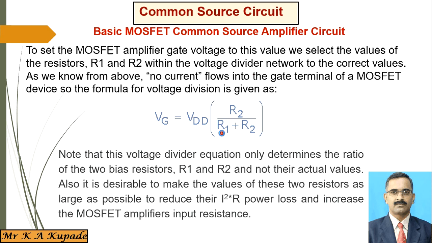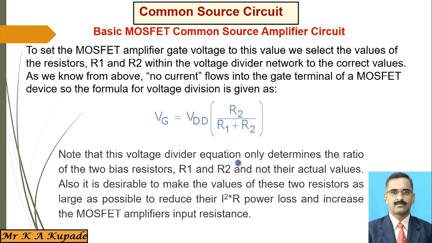Note that this voltage divider equation only determines the ratio of the two bias resistors, and not their actual values. It is not used to calculate the actual values of R1 and R2. Here we are considering this biasing resistor ratio as one.